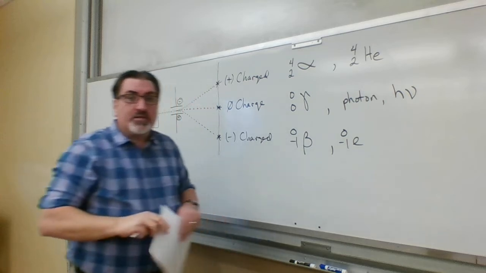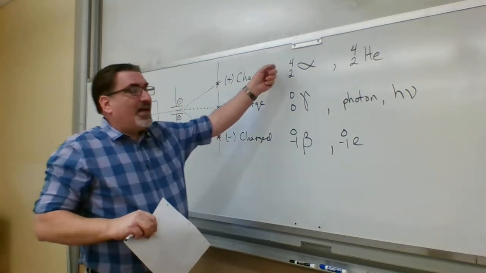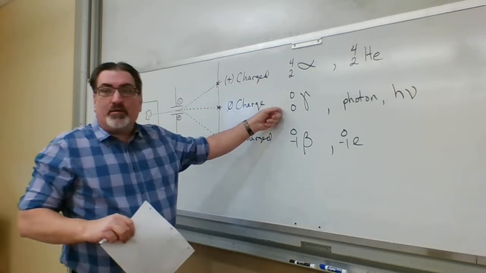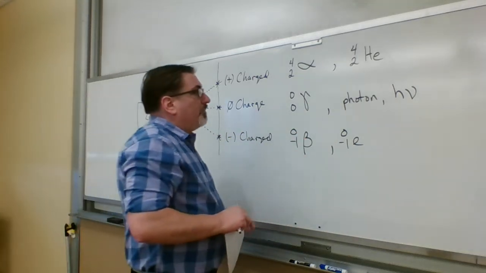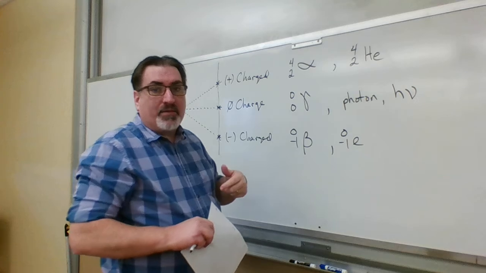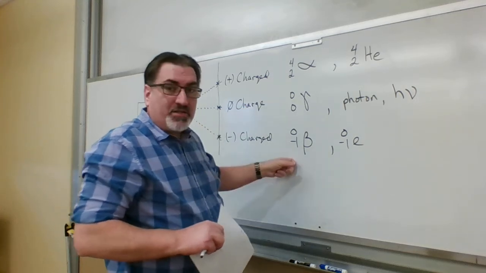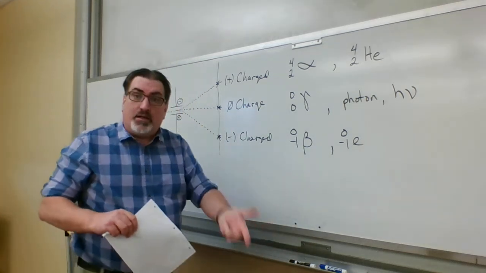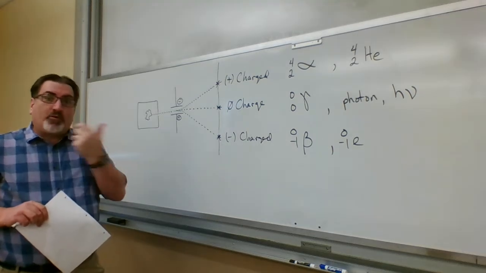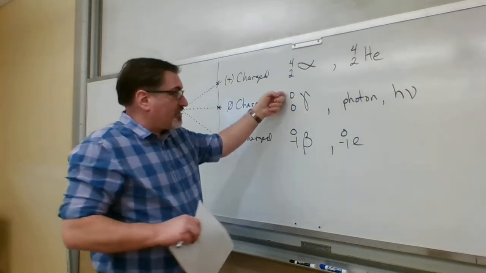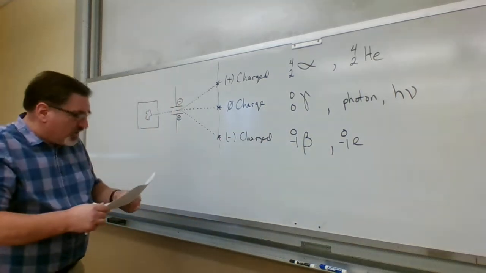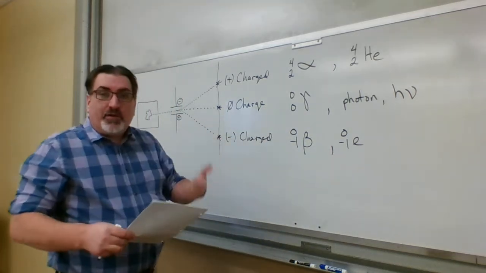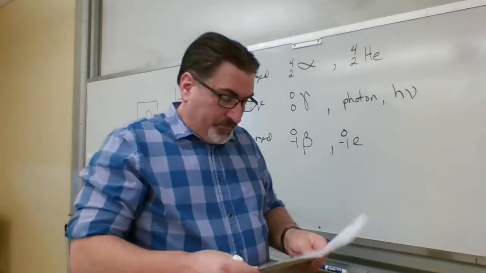And those are gamma rays. So it's not uncommon for us to see an alpha emission that also has a gamma emission along with it, or immediately after. But it does not change anything about the makeup. Alpha emissions and beta emissions change or transmutate the element from one into another, but gammas do not because there's no change in mass or charge.